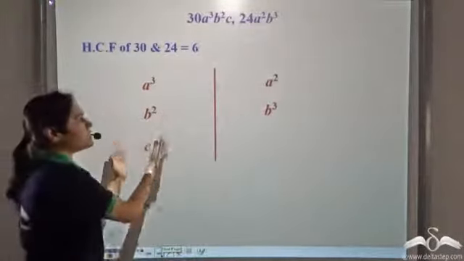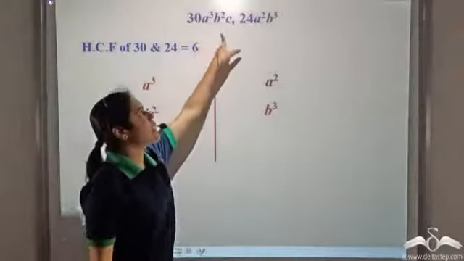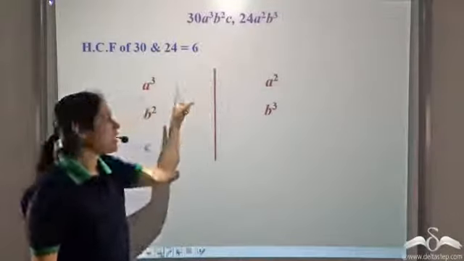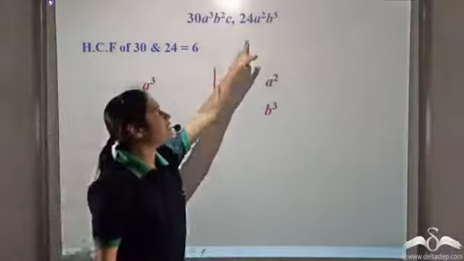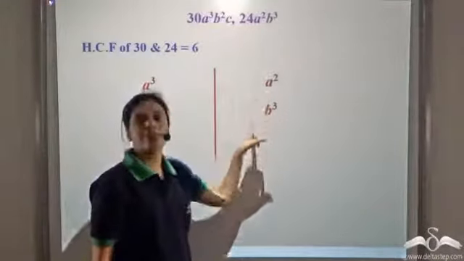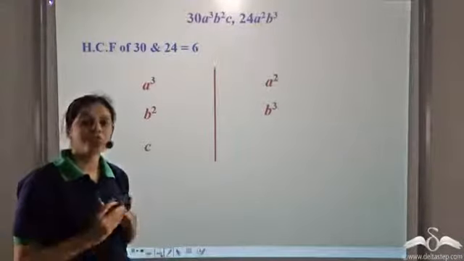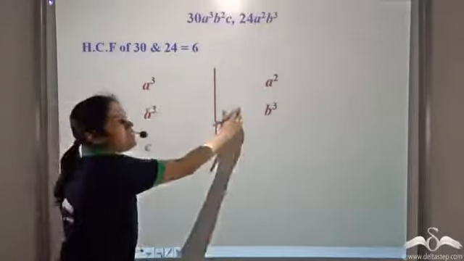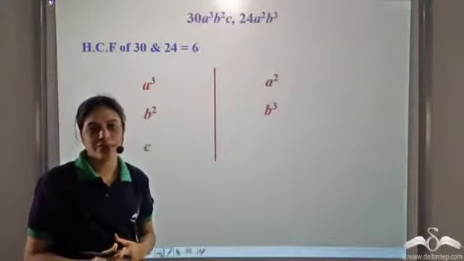Now we consider the algebraic part separately. We take the algebraic part of the first term and write down all the variables in a column. We consider the algebraic part of the second term and write down all the variables in a column. The next step is to see which variables are common in both the terms and consider their lowest powers.